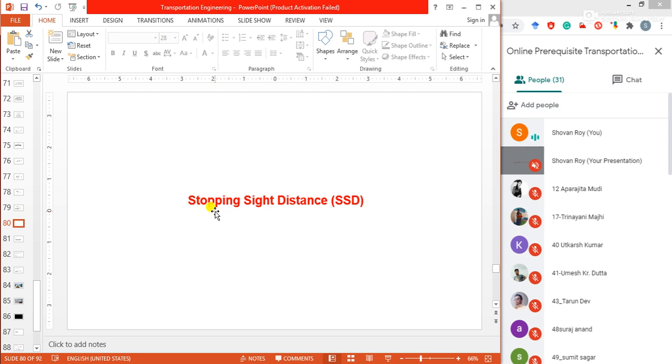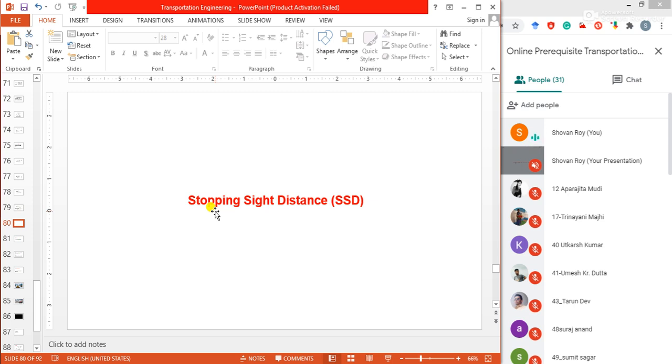Normally these speed limits are set by the road engineer. So the design speed or speed limit is important to maintain this stopping sight distance. Stopping sight distance means I can stop my vehicle within a proper distance.